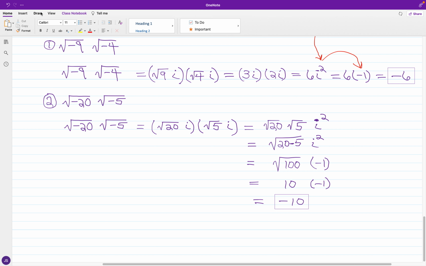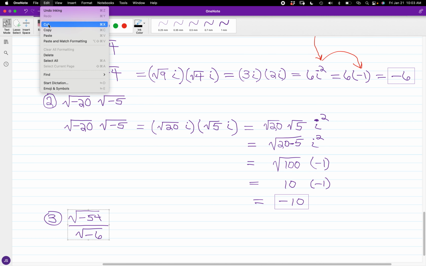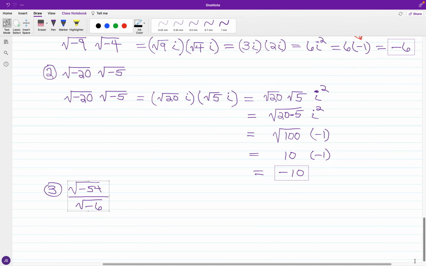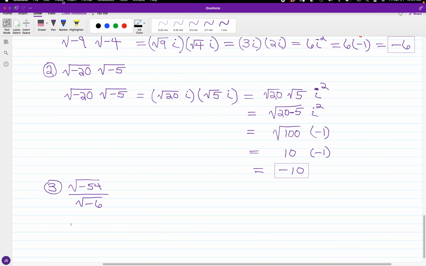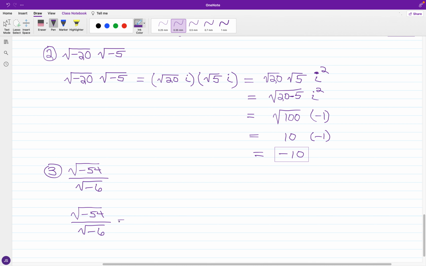And now, let's say that in the case of division, let's give you one case here. If I have the square root of -54 divided by the square root of -6, and for the square root of -54 over the square root of -6, again, I'm going to draw out the letter i.